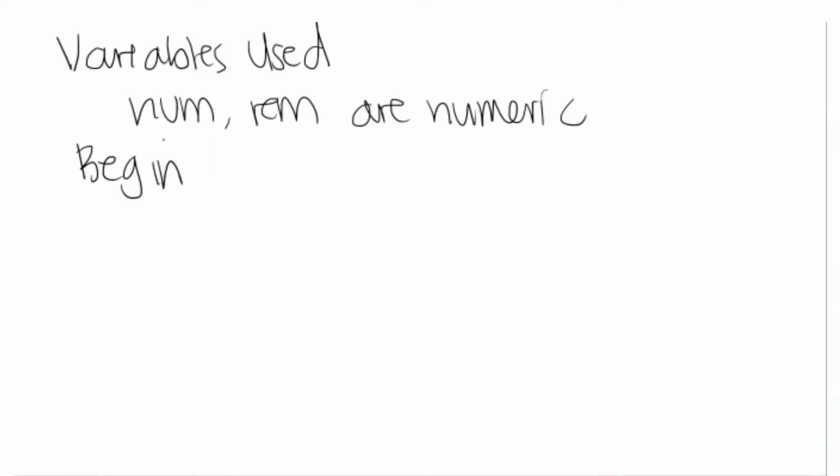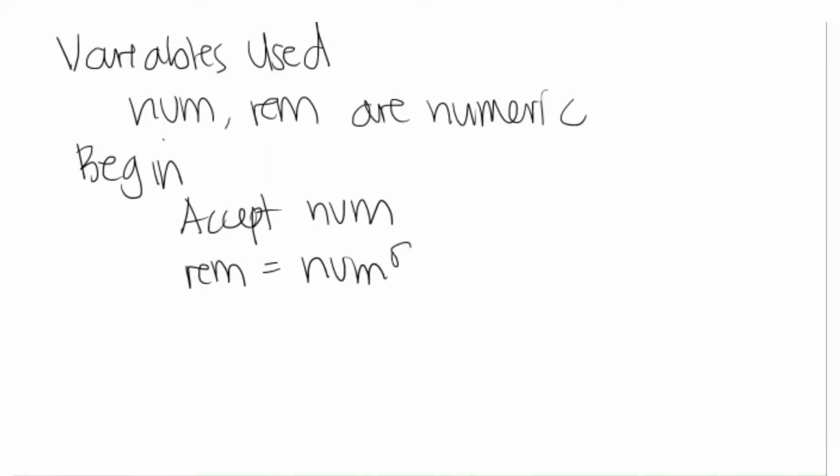So after begin, we input the value of num. So that's accept num. Then after accepting the value of num, we process the rem, which is rem is equals to num modulo 2. Then we use the diamond shape symbol. So for that case, we're going to make use of the if then else for the pseudocode.